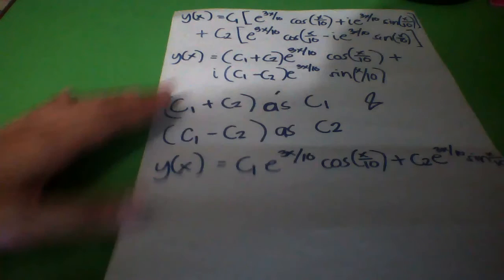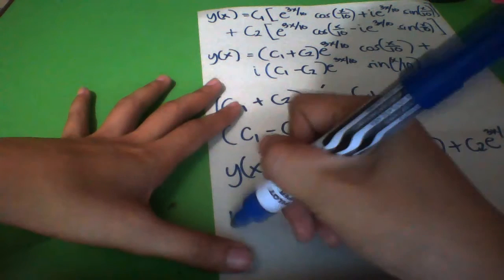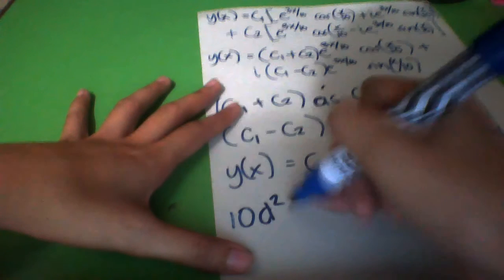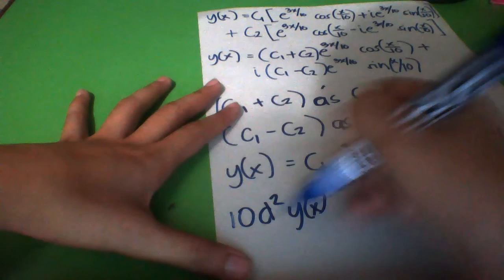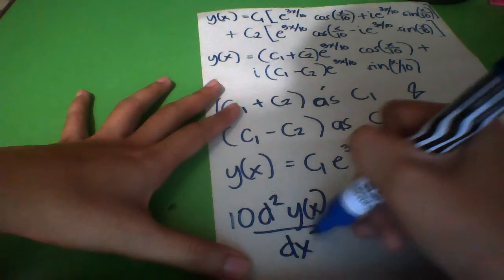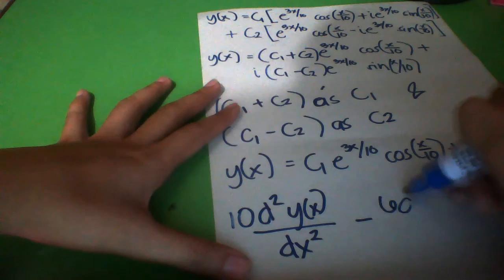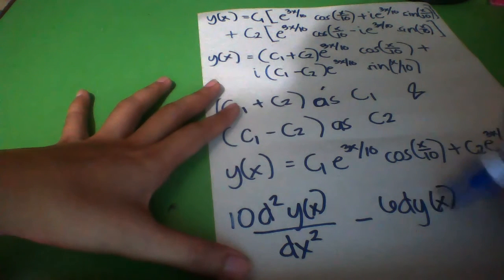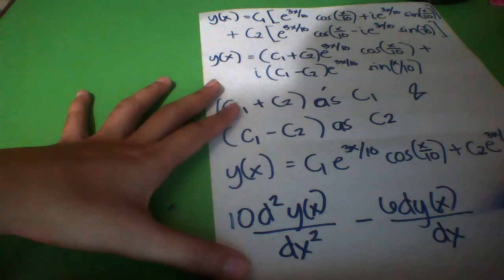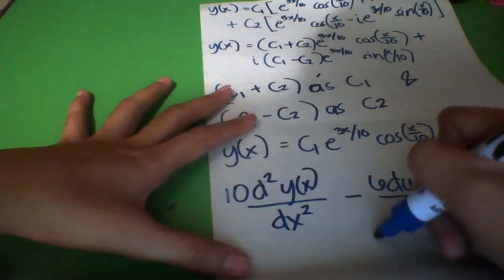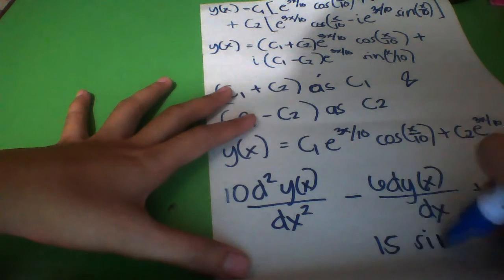So by simplifying, the given equation is 10 d squared y of x over dx squared minus 6 dy of x over dx plus y of x is equal to 15 sine 2x.